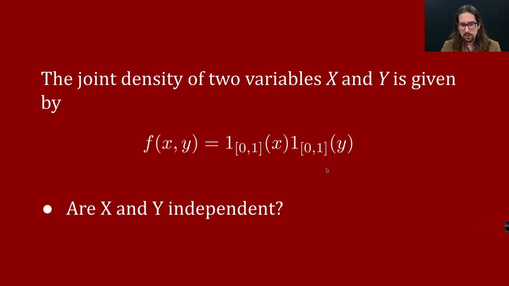It may not be obvious to you, but in fact they are. And the reason is that this part right here is a density function that only depends on x. And this thing here is a density function that only depends on y.